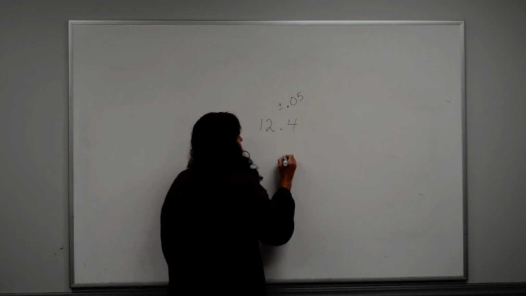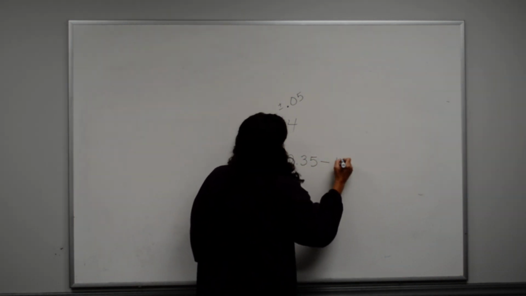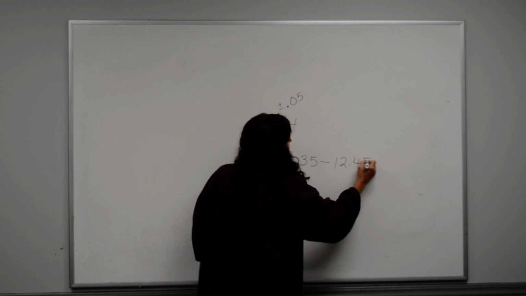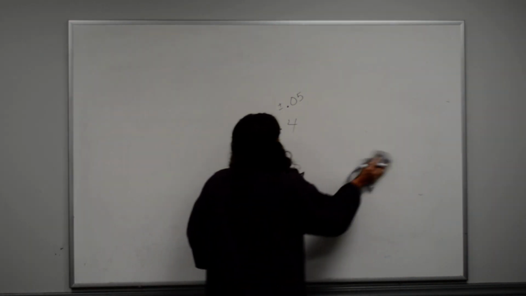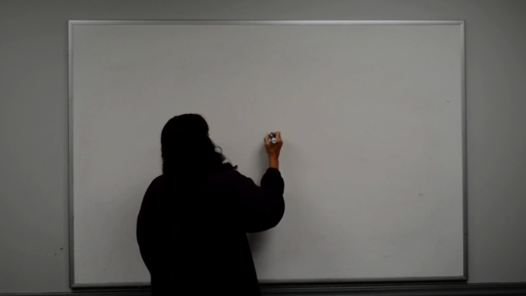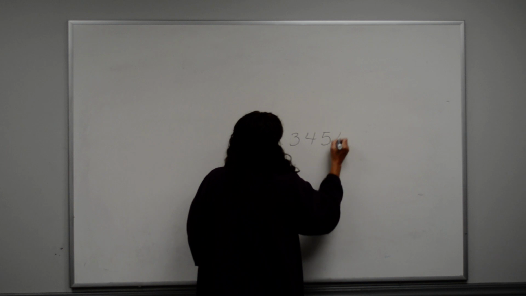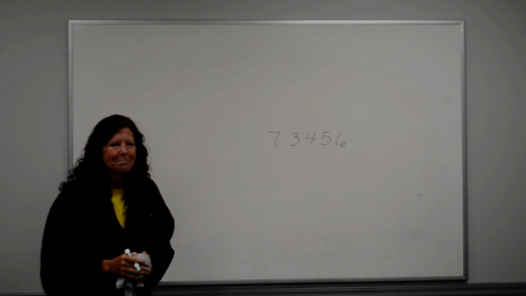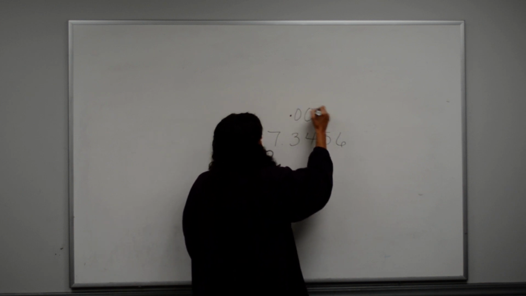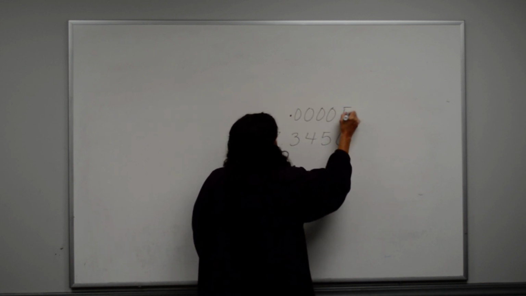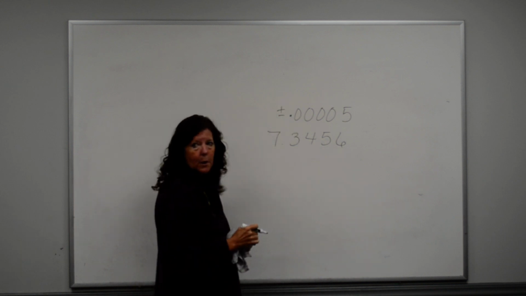So this is going to be 12.35 to 12.45. Y'all remember all that? If I had something like that, then I have to have placeholders for each one of those numbers, and then a 5. That's what I'm adding, that's what I'm taking away.